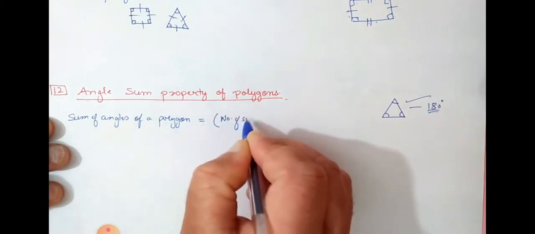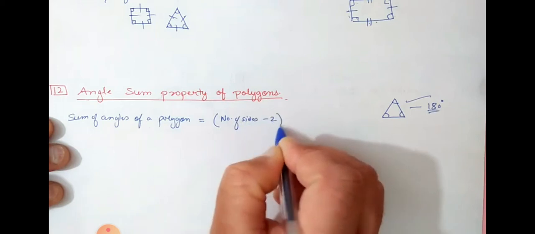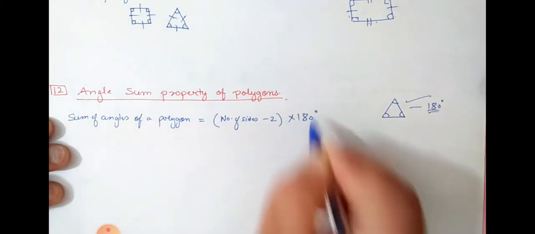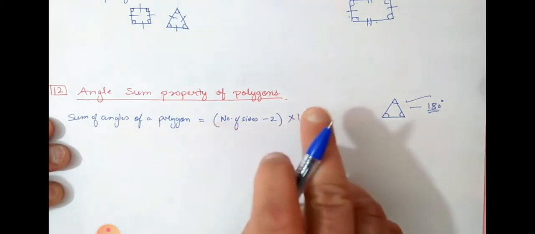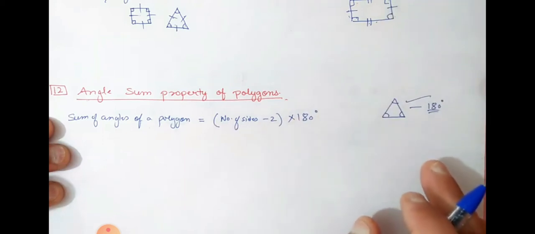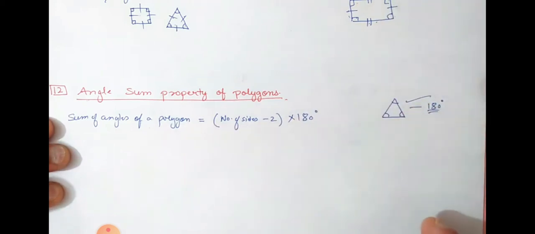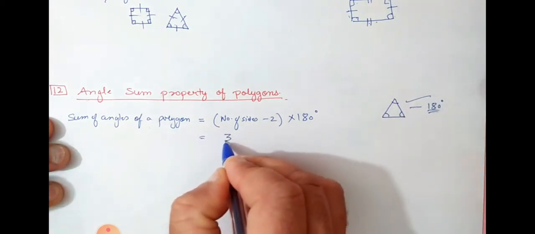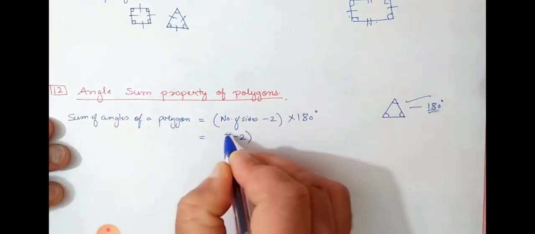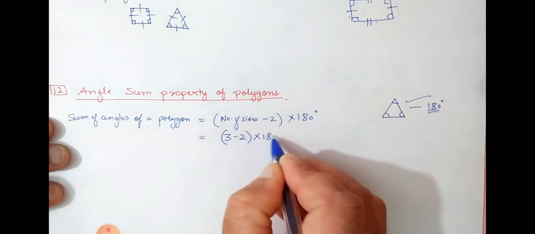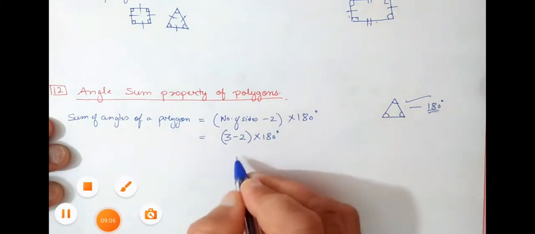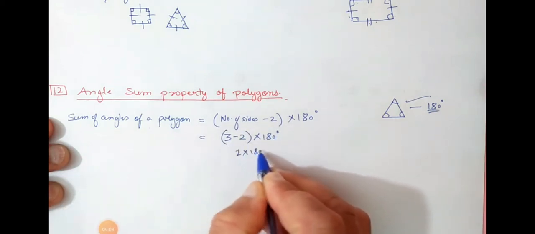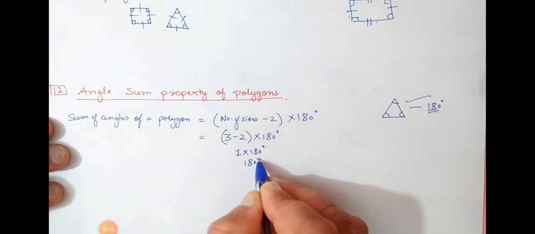So what is the formula? Number of sides minus 2, into 180. Now we are taking 3 sides, a triangle. Triangle means 3 sides, 3 minus 2, into 180. 3 minus 2 means 1. 1 into 180 is 180.